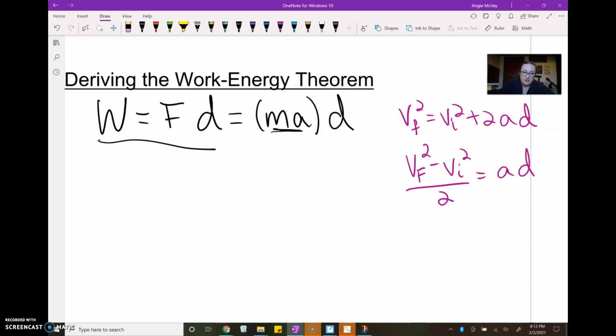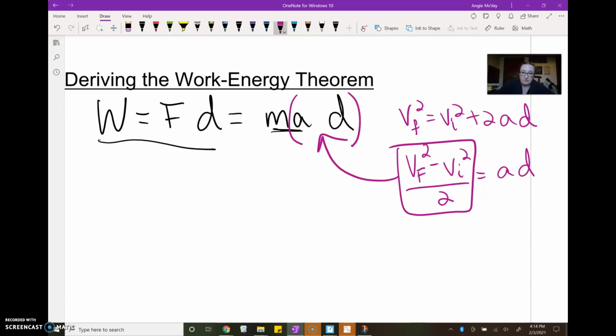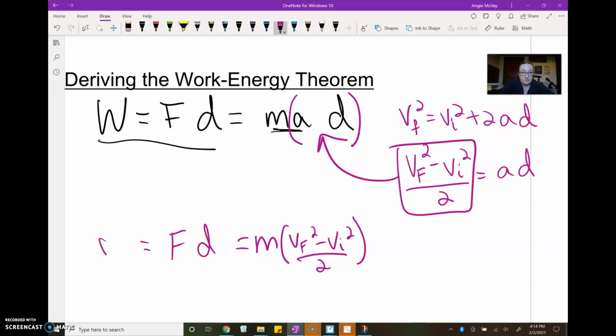So ma is force, but if we take this ad and plug this in for it, then we would have m times V final squared minus V initial squared over 2 equals Fd, which is also equal to work.